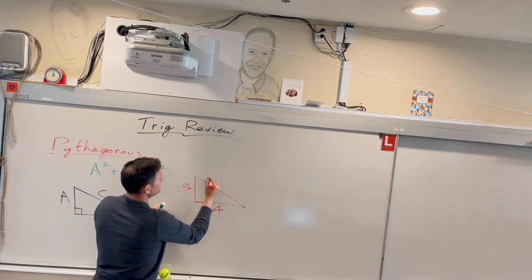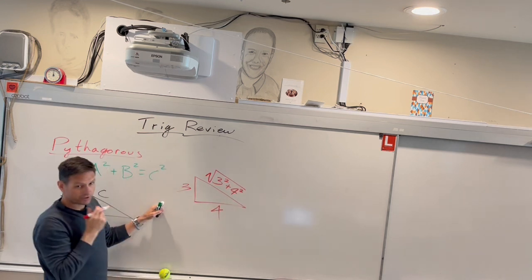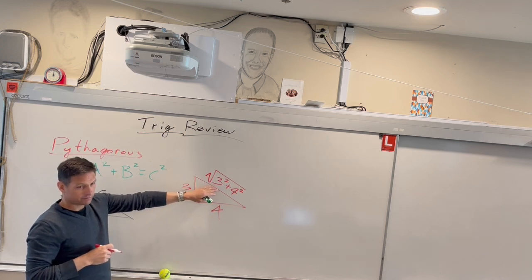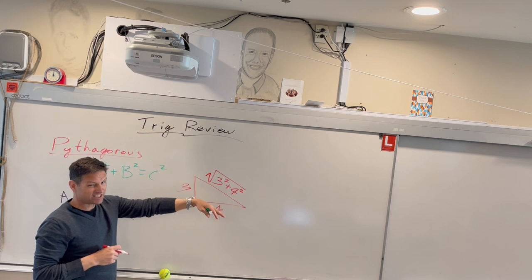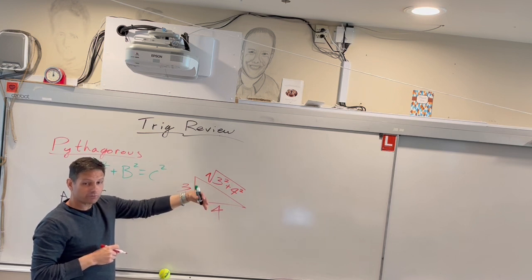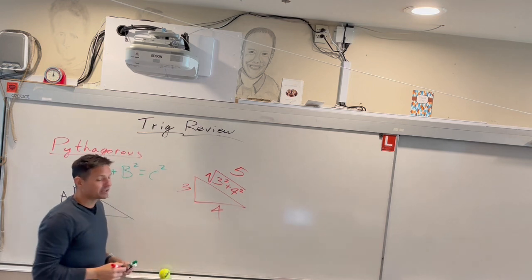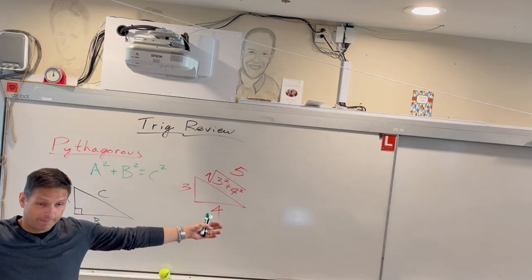So this is actually the square root of 3 squared plus 4 squared, yes? So what's 3 squared? 9, and 4 squared is? 16, and 9 plus 16 is? 25, and what's the square root of 25? 5. 5, good.